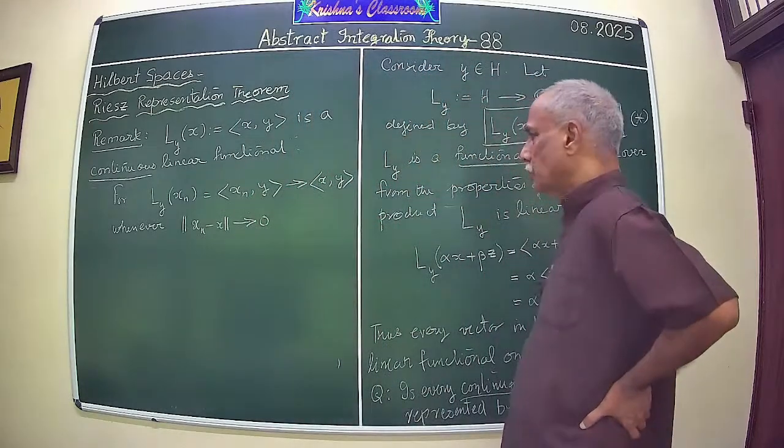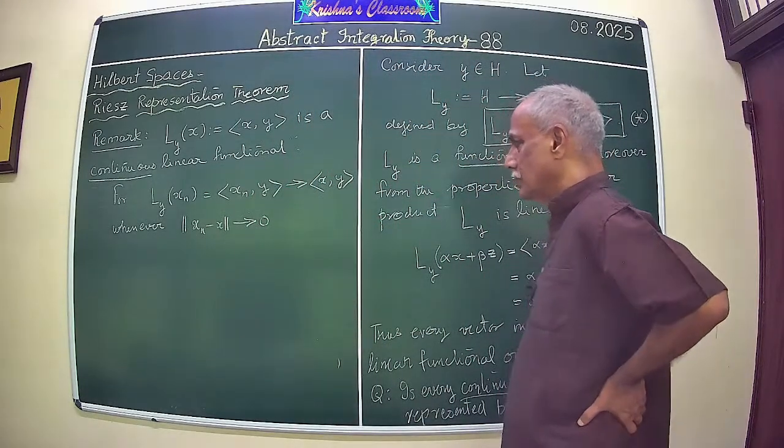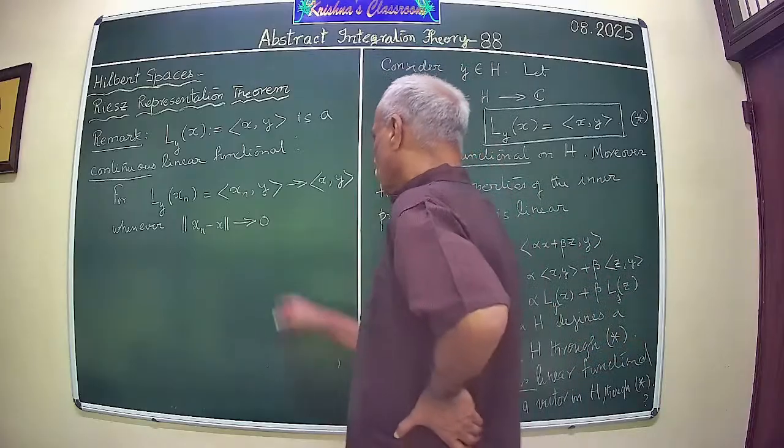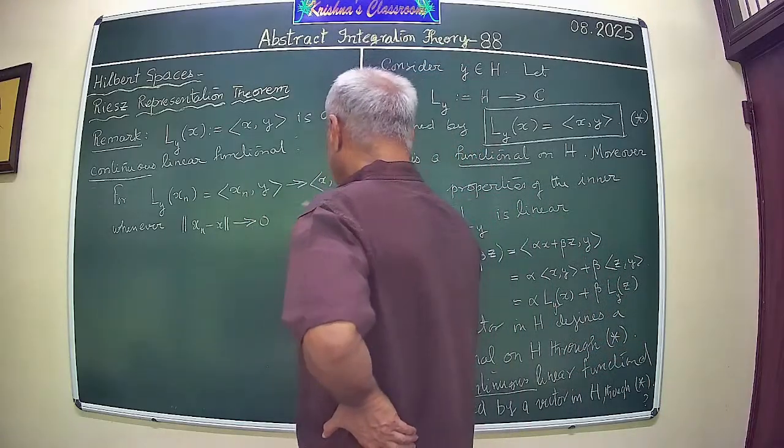That's easy to see. You can take the difference, it's going to be xn minus x, inner product with y.